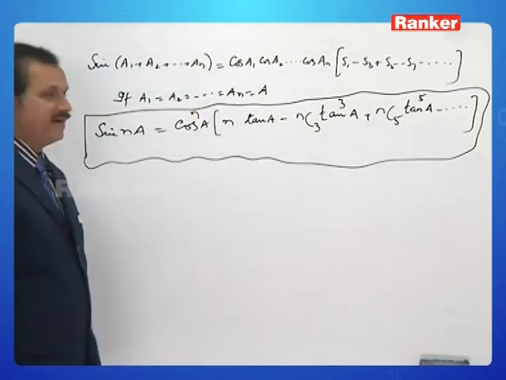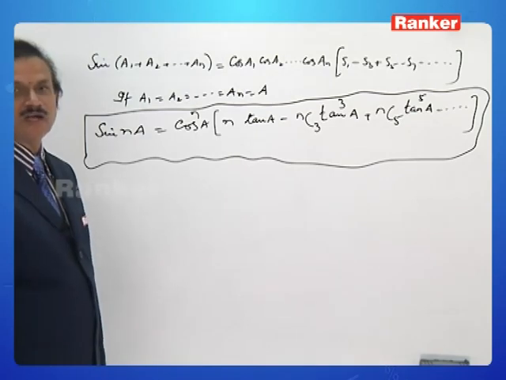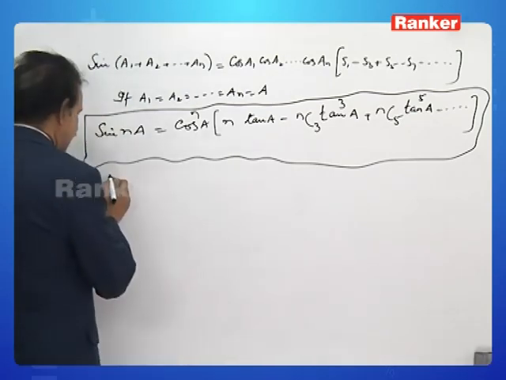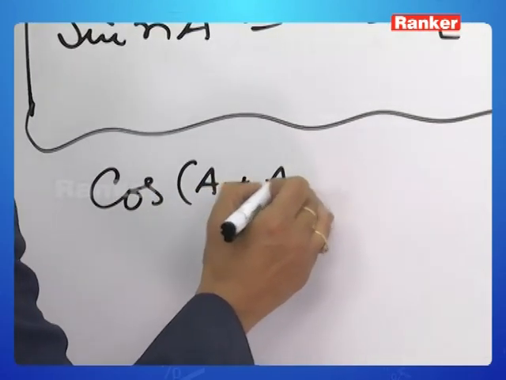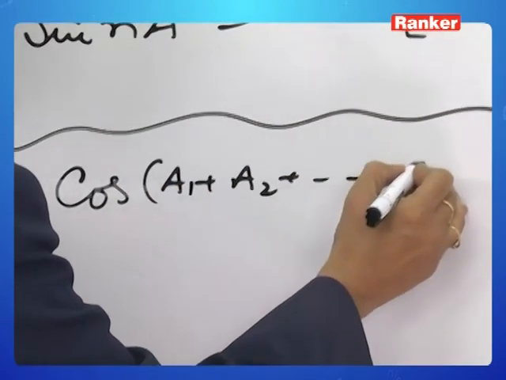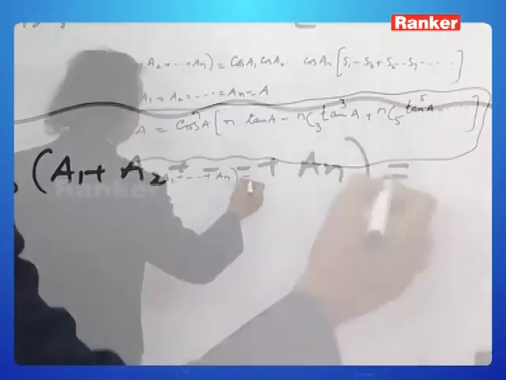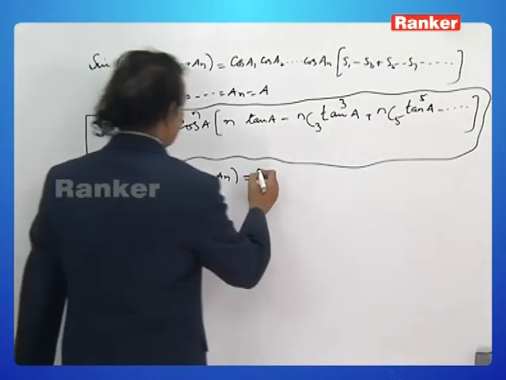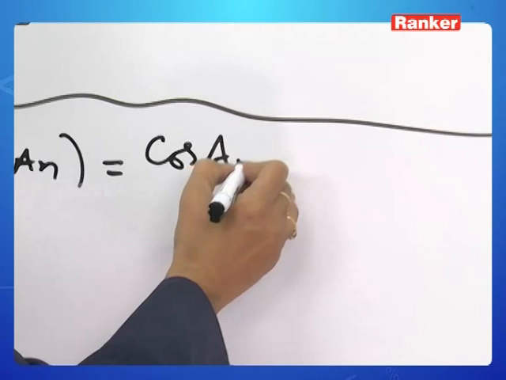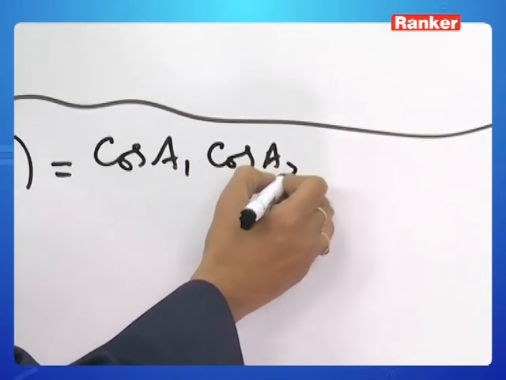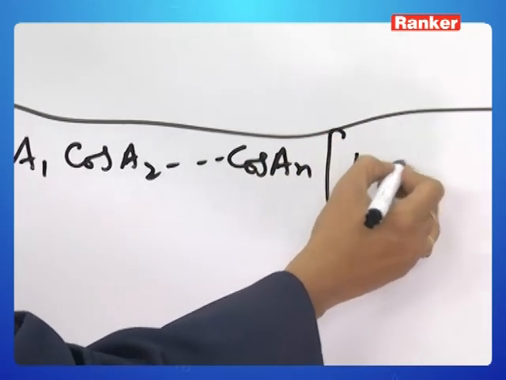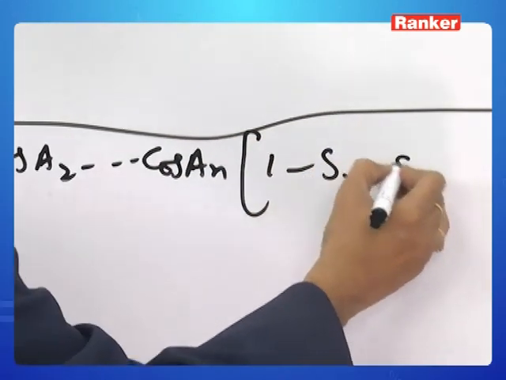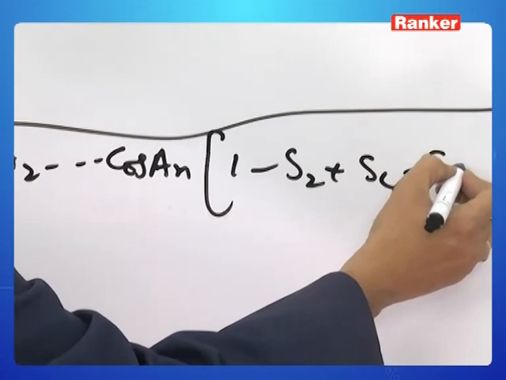Now, let us try to have the formula for cos NA. Let us repeat. What is cos of A1 plus A2 plus A3 plus etc.? Cos A1 into cos A2 into cos A3 into cos AN into 1 minus S2 plus S4 minus S6 and so on.